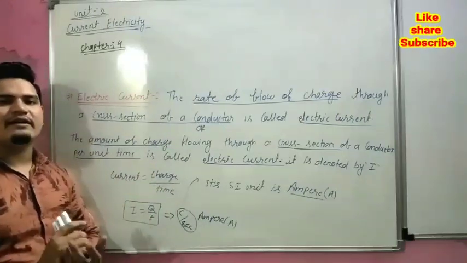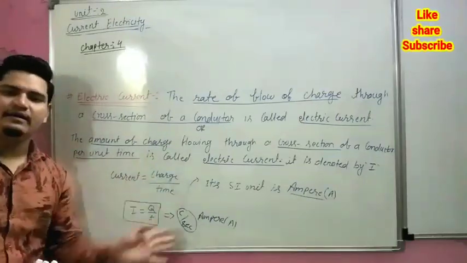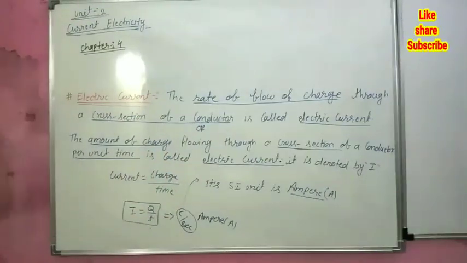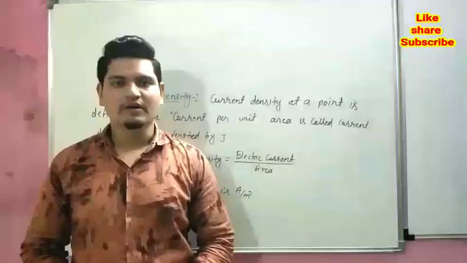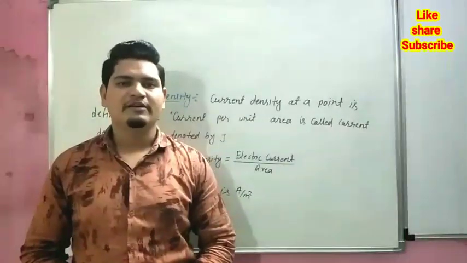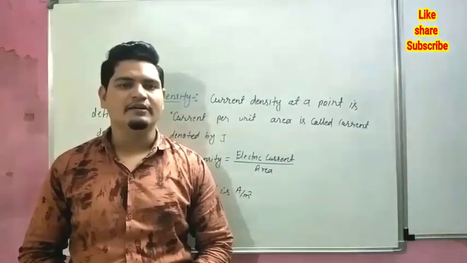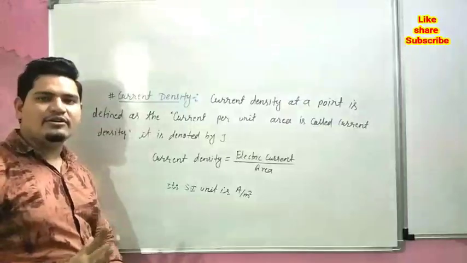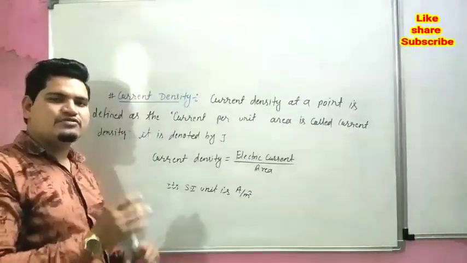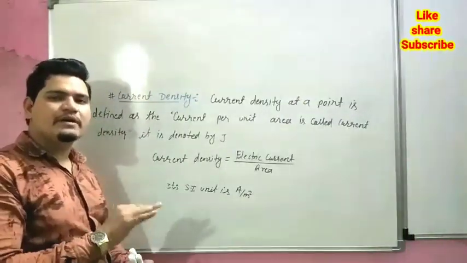Now we will start current density. Current density is the ratio of current to the per unit area.